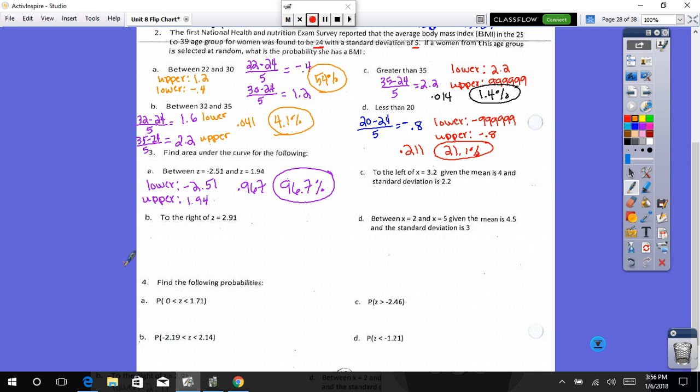Okay, letter B, to the right of. So my lower is known. You kind of have to think about these. I know what my left value is, I know how far left I'm going. I do not know how far to the right I am going.